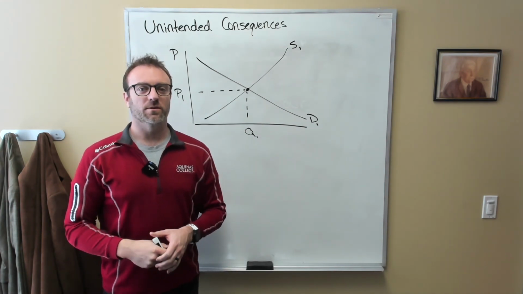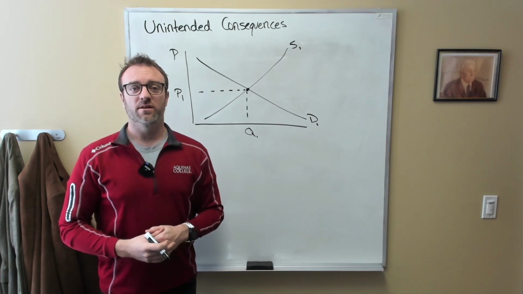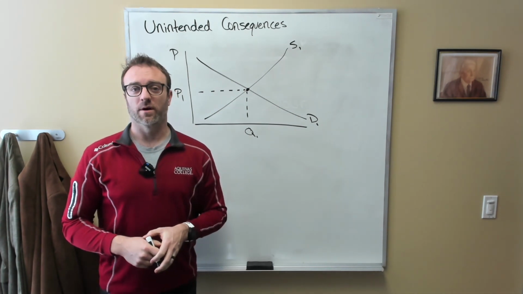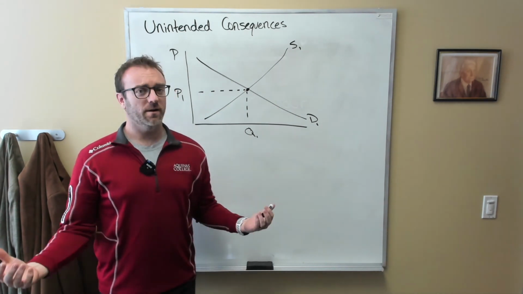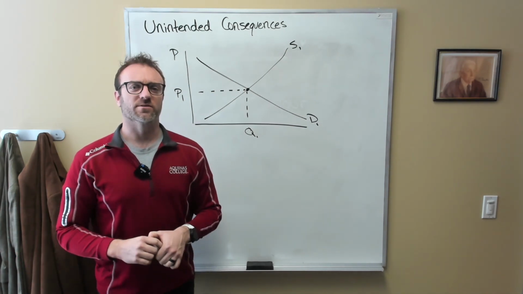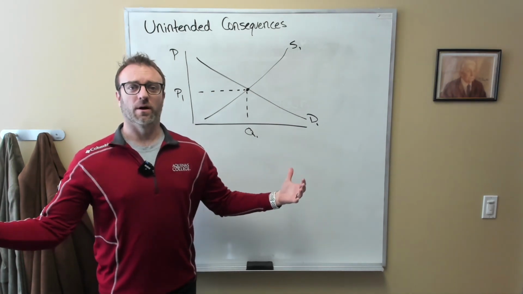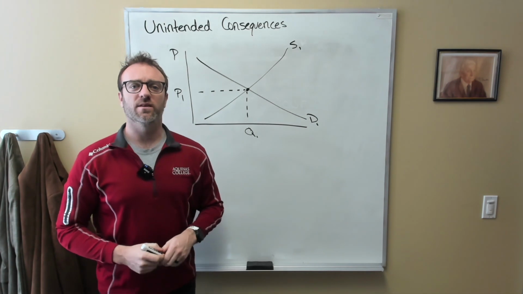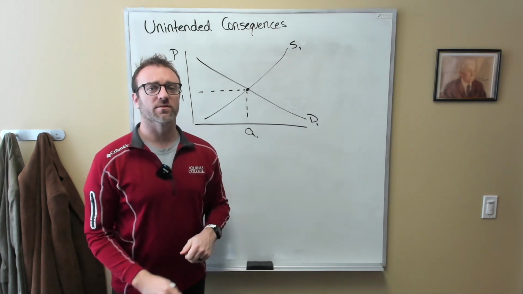Other people seem to think that what we could do instead is just mandate a lower price. After all, if the price is too high, wouldn't it make sense to just say the price has to be lower? And we can sign that bill into law pretty easily.